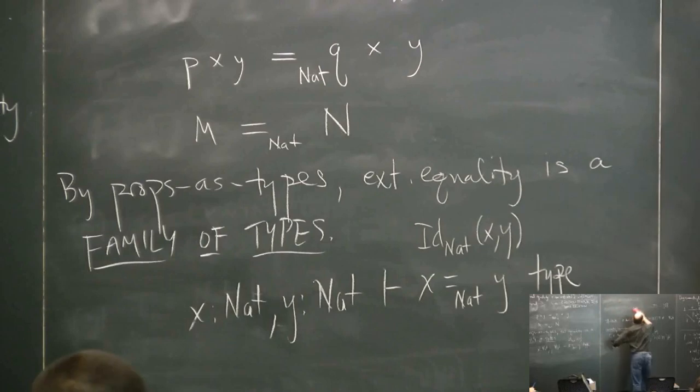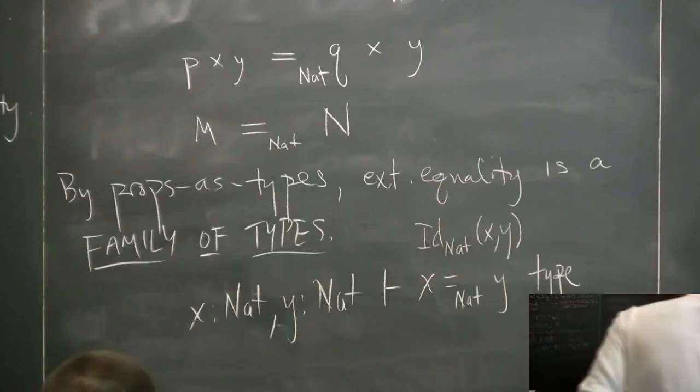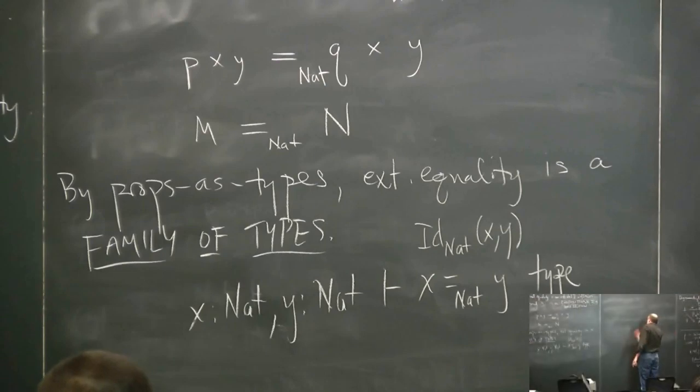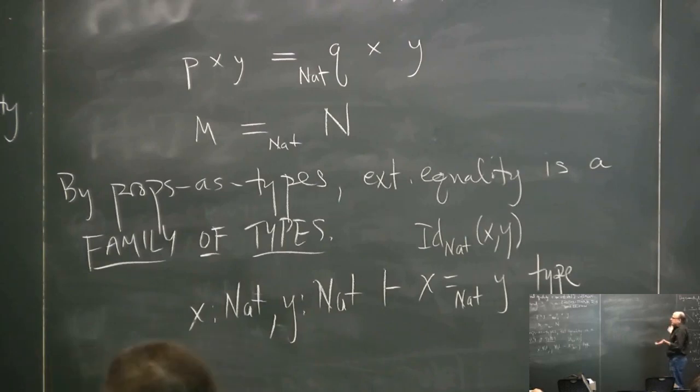So that's where the props-as-types principle starts to give us traction. Depending on your experience base, a lot of things work by having data over here and propositions about them over here, and they're not mixed.